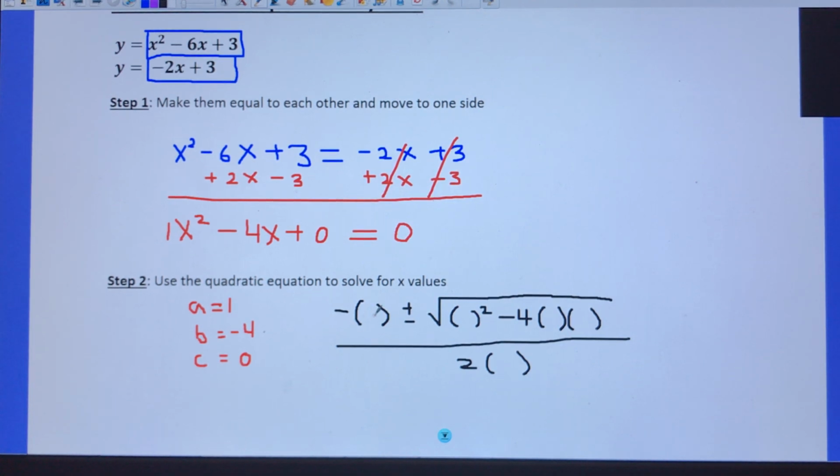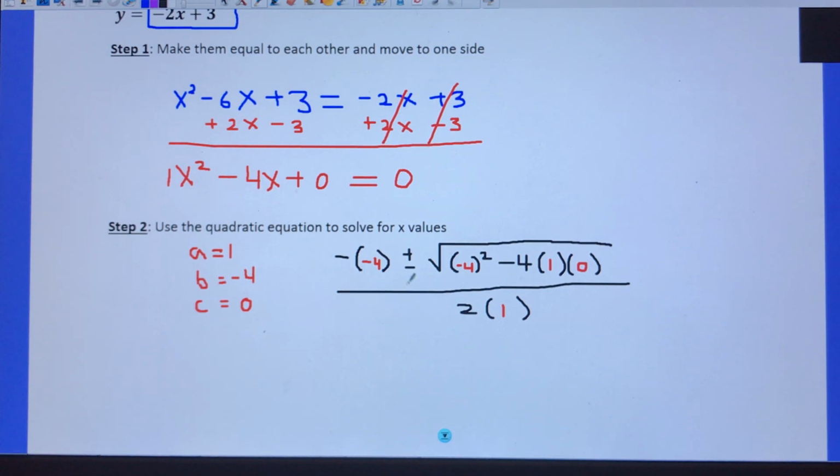My b number is negative 4, so negative b is negative negative 4, and then your a number is 1, your c number is 0, and your a number is 1 again. So it's b, b, a, c, a. Let's clean this up. Negative negative 4 gives you a positive 4 plus or minus the square root.